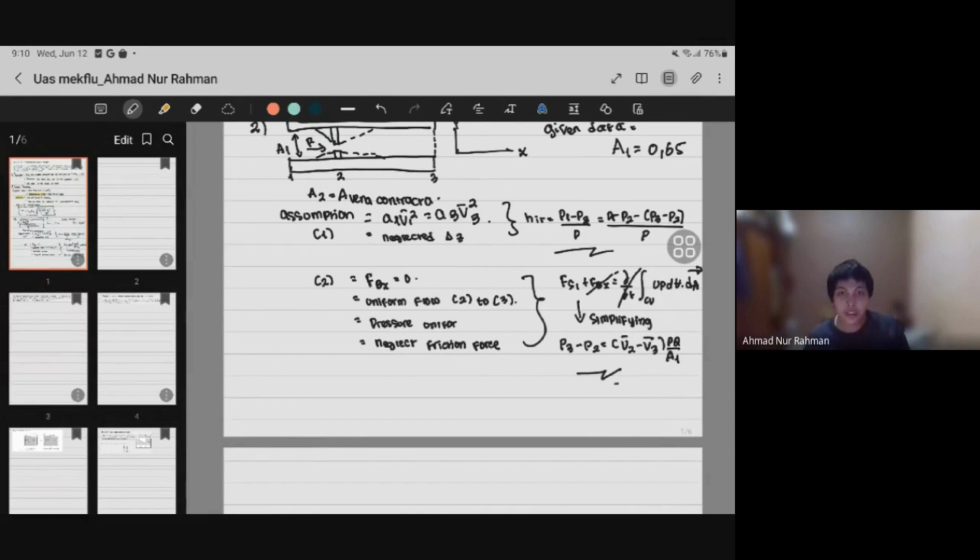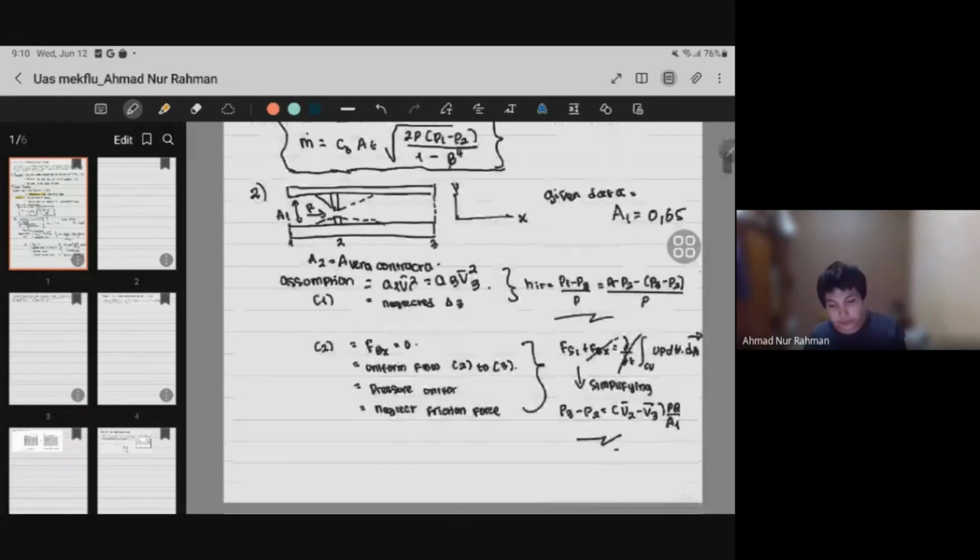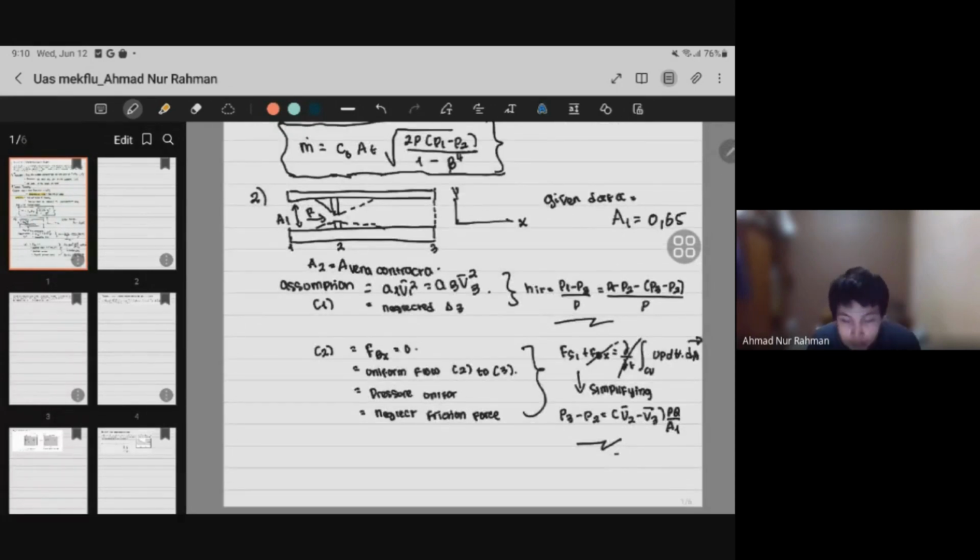We assume uniform flow at sections 2 and 3. This is 2, this is 3, and the pressure is uniform across.